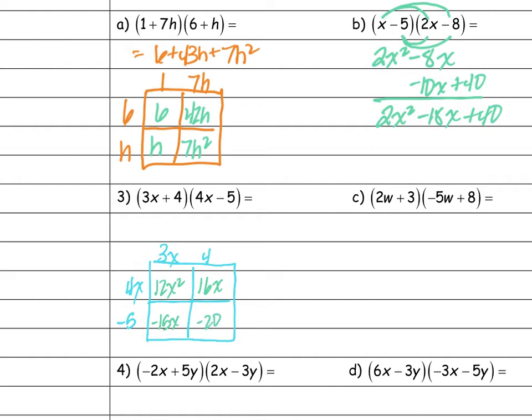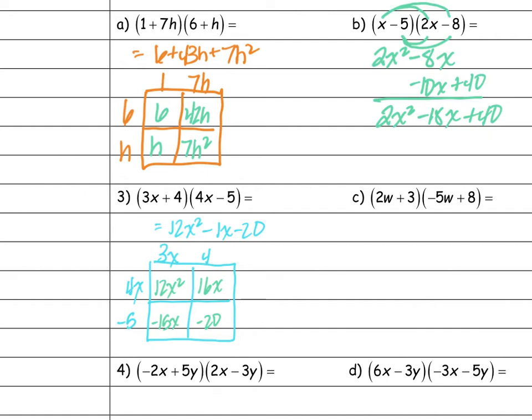And then if I combine my like terms, which are the diagonal, right? So I would get, for my answer, 12x squared minus 1x minus 20. Now you don't have to put the 1 with the x. I could have written just x. Either way is fine. Okay, so now I want you guys to do part C.